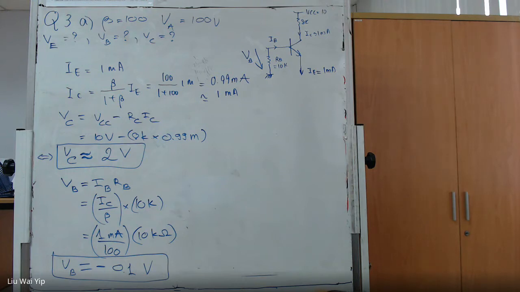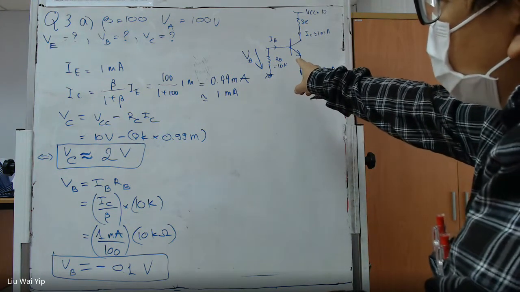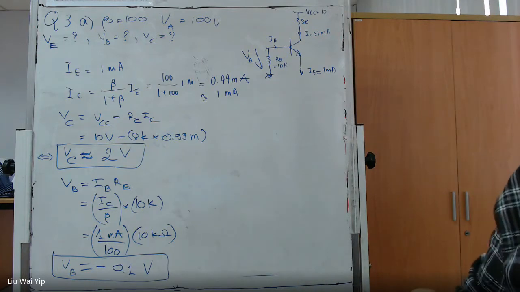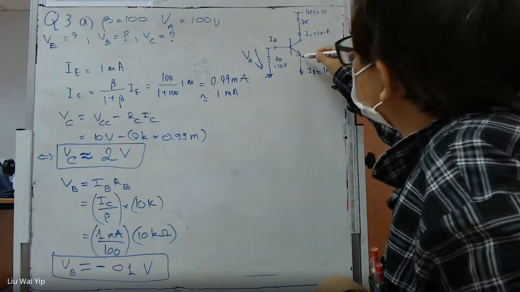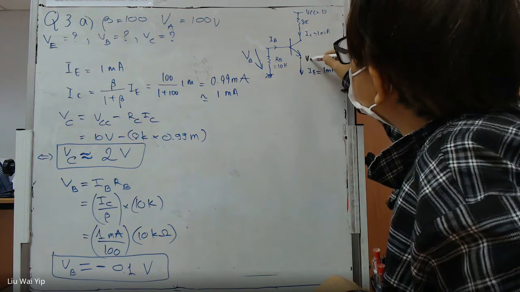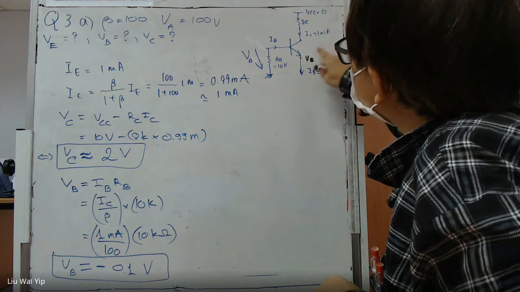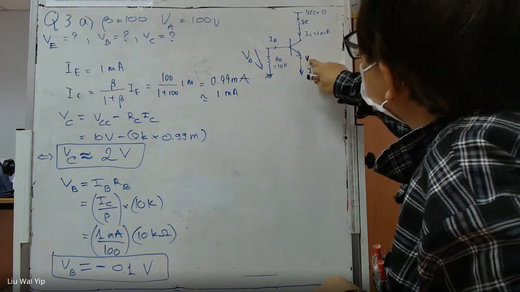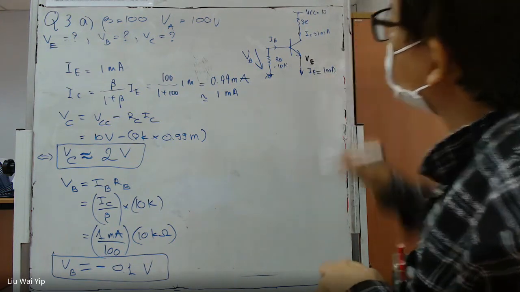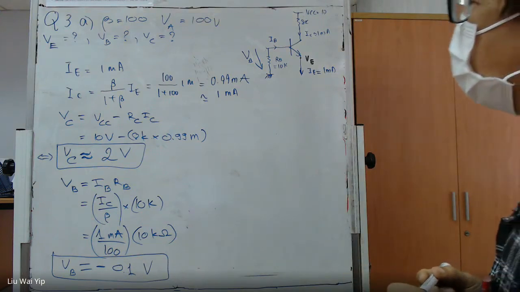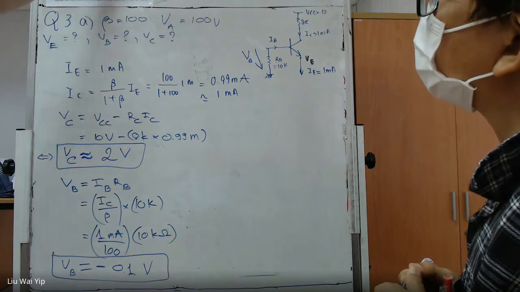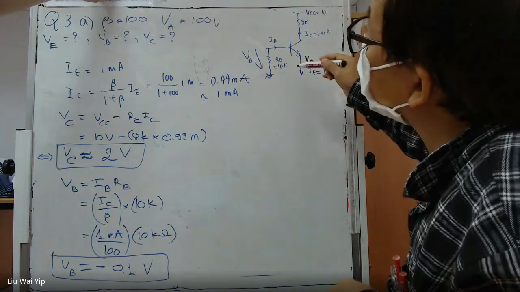Okay. Now, the next thing that we are looking for is the emitter voltage, VE. And how are we going to find VE? Is it some kind of current source?